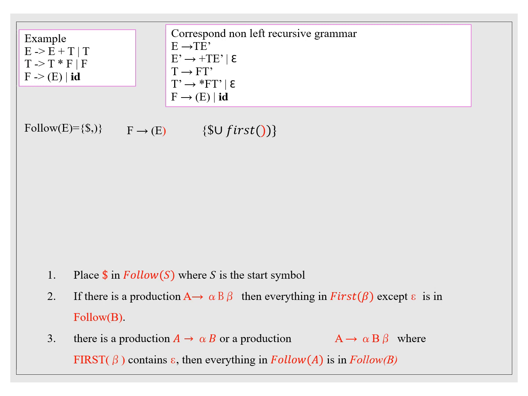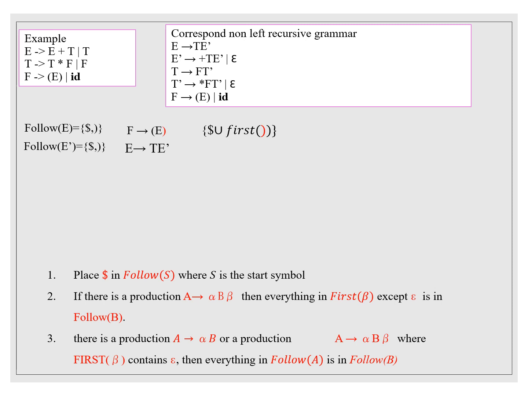Very simple. Next, we have to compute follow of E dash. But go to the right hand side. Verify any production containing E dash. So which production? One is E derives T E dash. And the other one is the body of E dash itself, which also contains plus T E dash. Let us consider the first one, E derives T E dash.